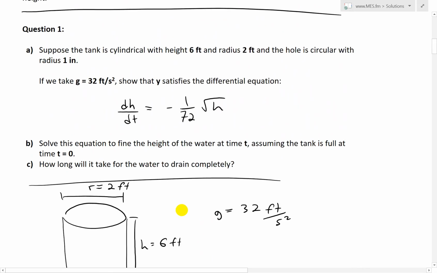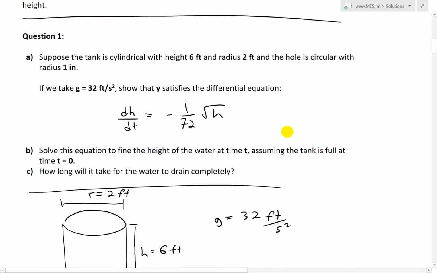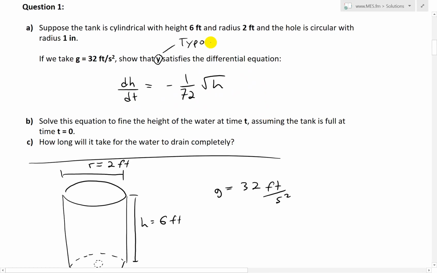And now it says, show that y satisfies the differential equation dH over dt. Actually, before I get to that, I just realized this is a typo that my calculus book has. I don't know why it says y, and I don't know what they mean by it. I'll write this down in case you have the same calculus book or the same project.